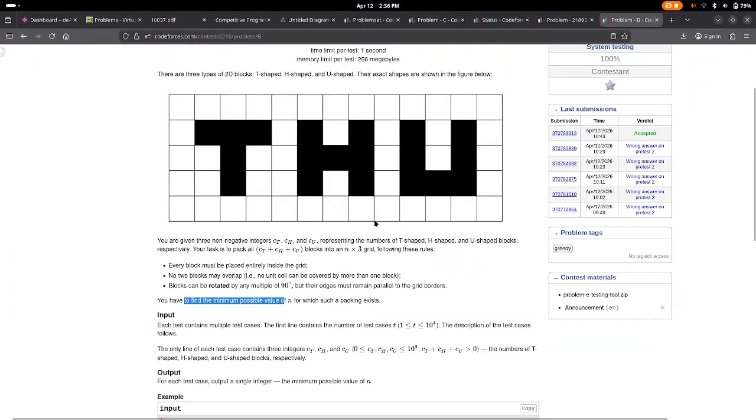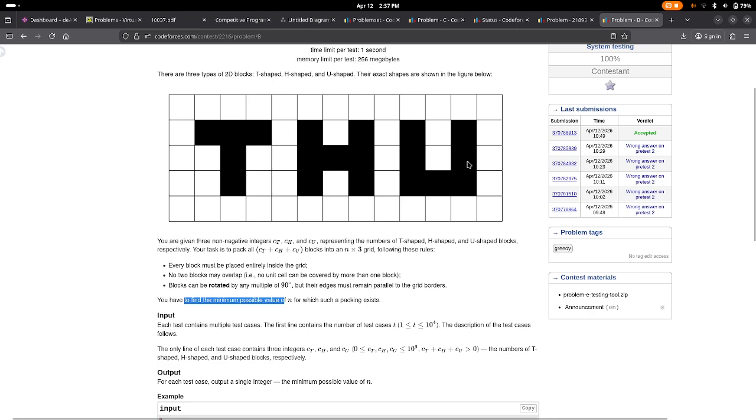So I have just broken this problem into the simplest components, and I have made many mistakes. As you can see over here, I have submitted this question plenty of times, so let me take you through the mistakes I made.